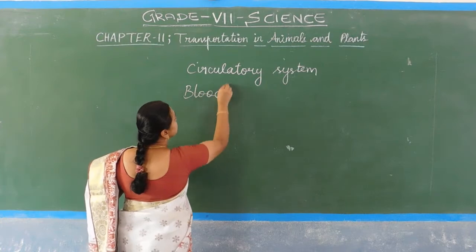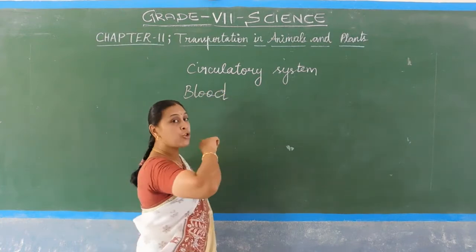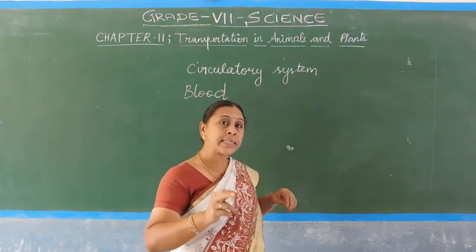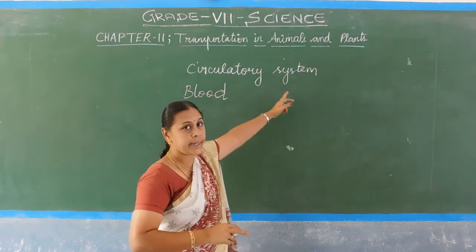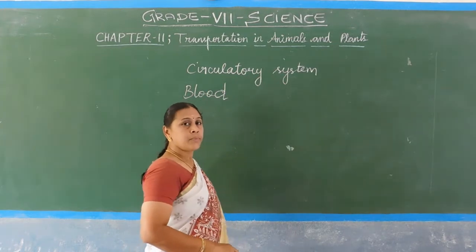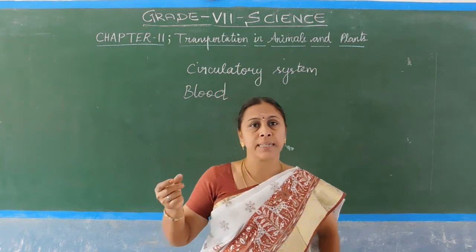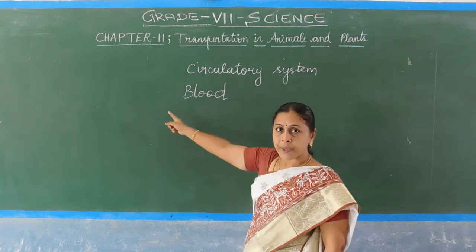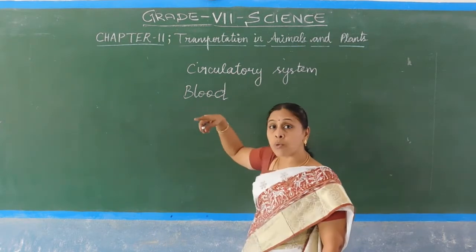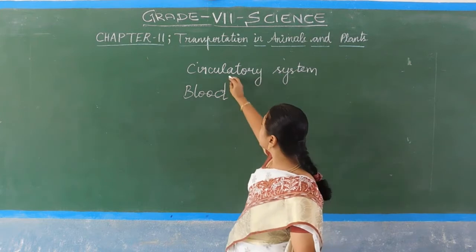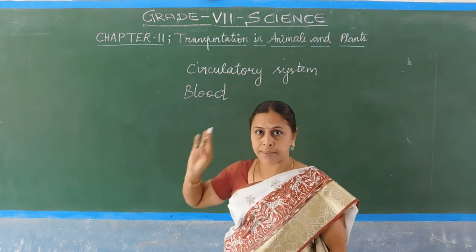And this blood is circulated throughout the body through a system called the circulatory system. We understand, which helps to transport all the substances? Blood.